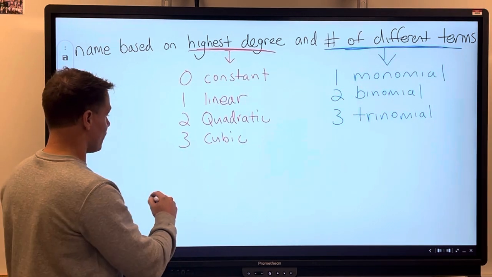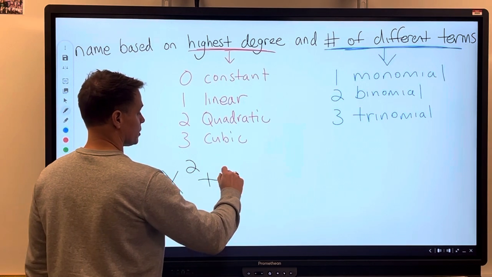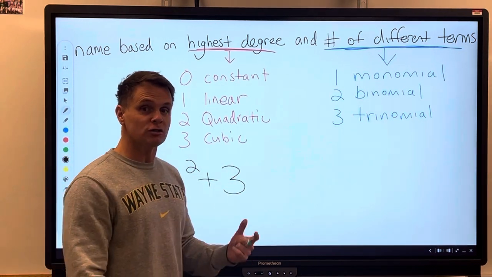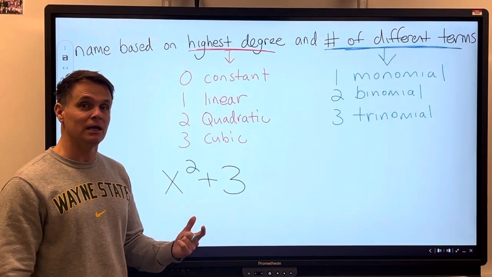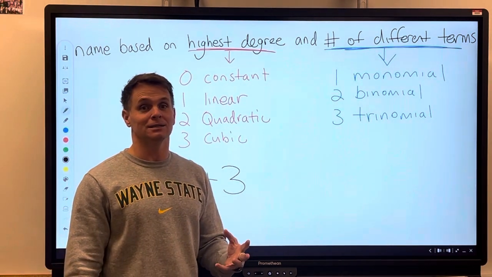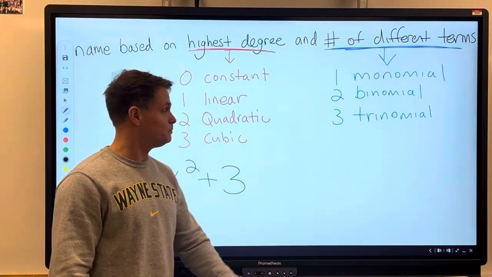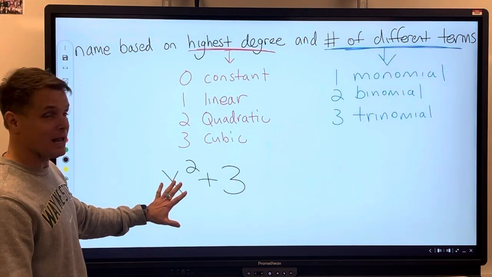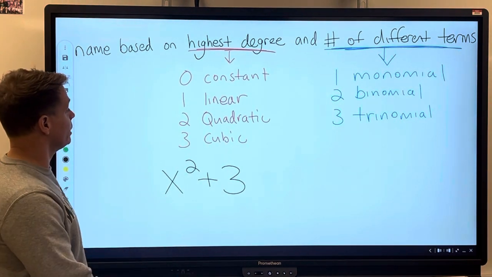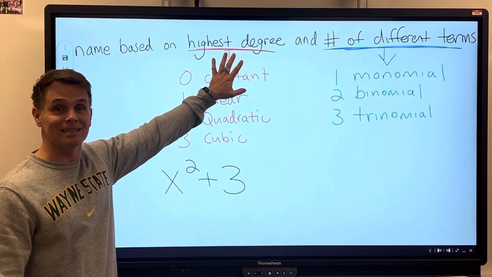Let's say we have x squared plus 3. The first thing that we want to do when we name these polynomials, and all a polynomial is just one term or more, that's an expression. So we want to name this polynomial right here, and we're going to first name it based on its highest degree.